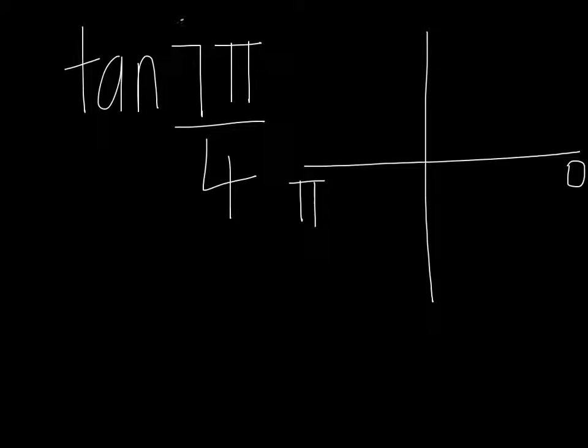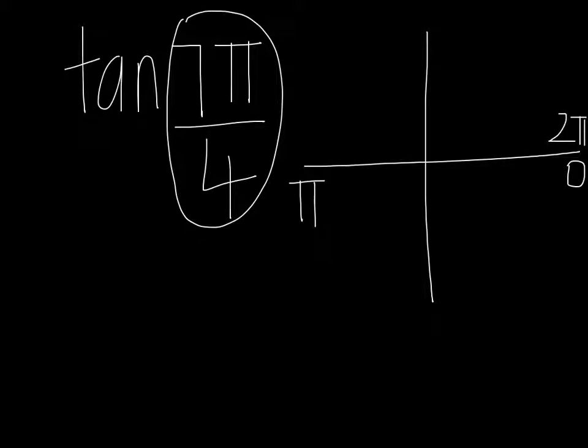Now 7 pi on 4 is very close to 2 pi, which is the same as 0, but it's a little bit less than 2 pi. So 2 pi, when we're looking in quarters, would be 8 pi on 4. We're going to mark that in. So that's 7 pi on 4.